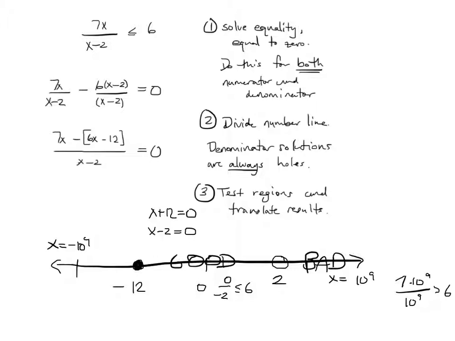And to the left over here, we'll get negative 7 times 10 to the 9th over negative 10 to the 9th, and that doesn't work either. Approximately 7, which is bigger than 6. Bad.